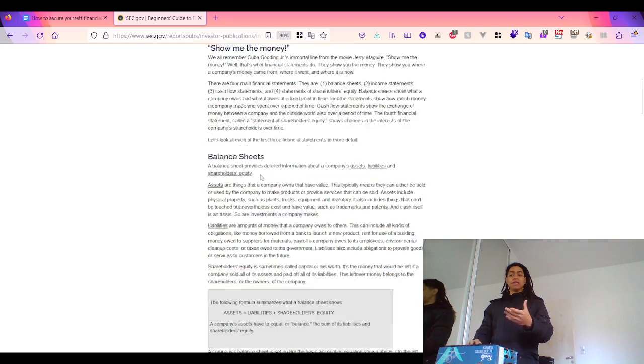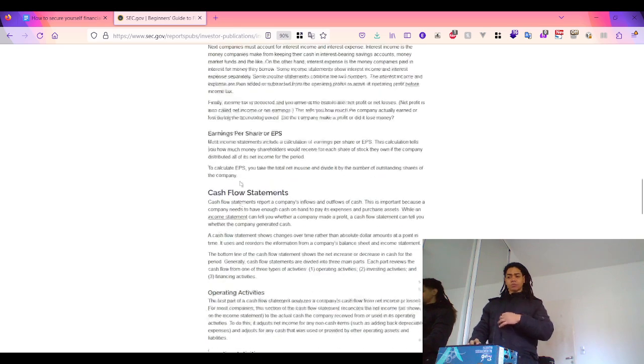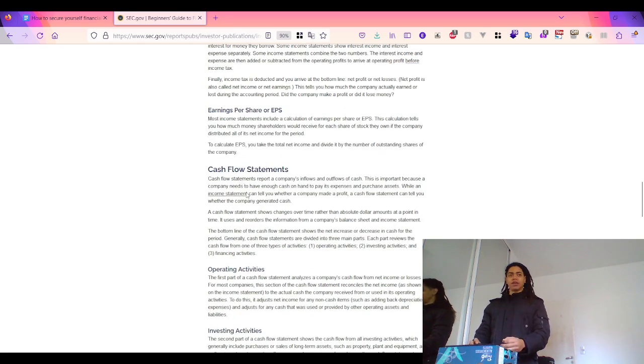And then I look at the cash flow statement, which reports the company's inflow and outflow of cash. This is very important because a company needs to have cash, much like a person needs to have cash to purchase assets or pay expenses.